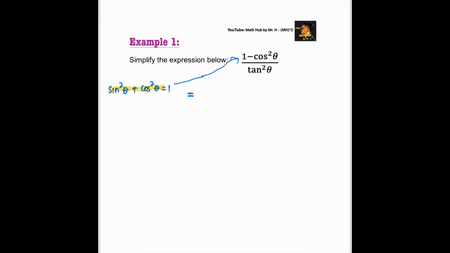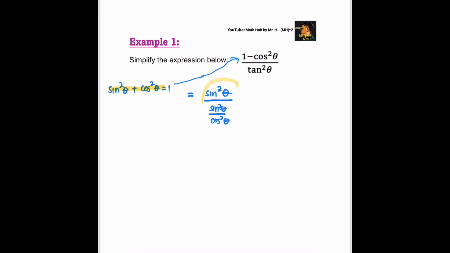So the numerator can be rewritten as sine squared theta. So we can see here that the denominator is tangent squared theta, and tangent squared theta can be rewritten into sine squared theta divided by cosine squared theta.